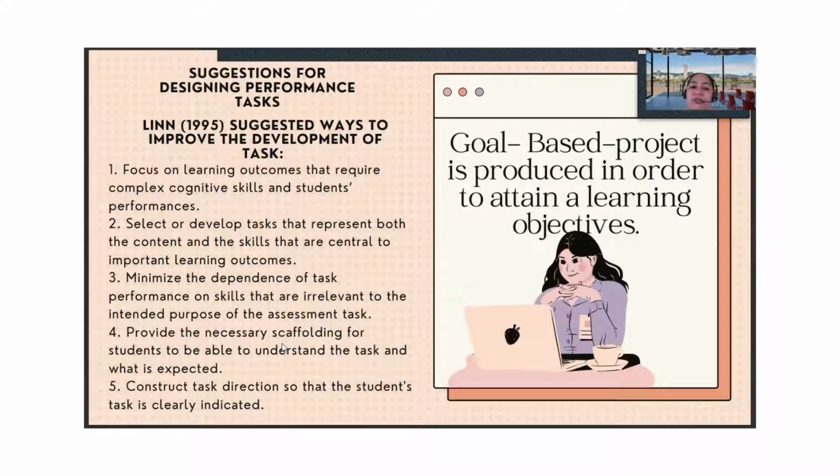Next is minimize the dependence of task performance on skills that are irrelevant to the intended purpose of the assessment task. It is important that the task you're preparing does not include, or at least minimizes, performance skills that are not part of your competencies or objectives. You did not include them in the measurement, so they are not useful.